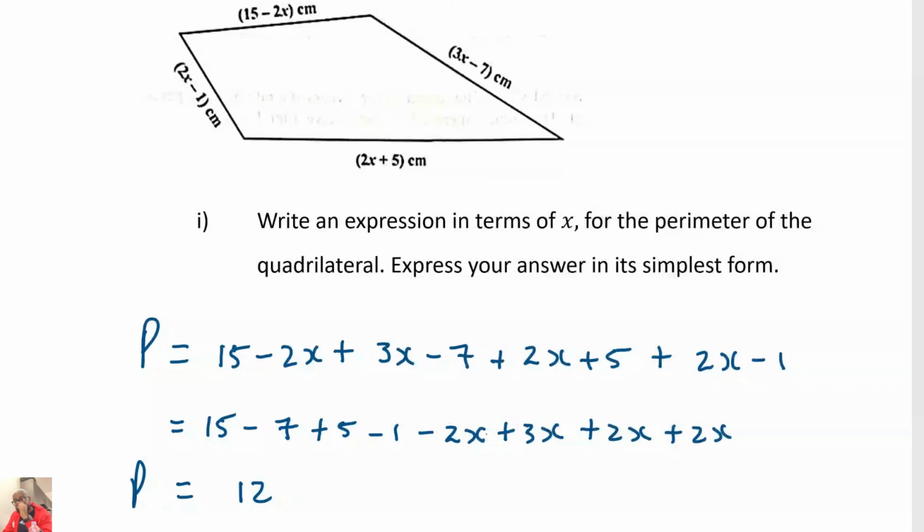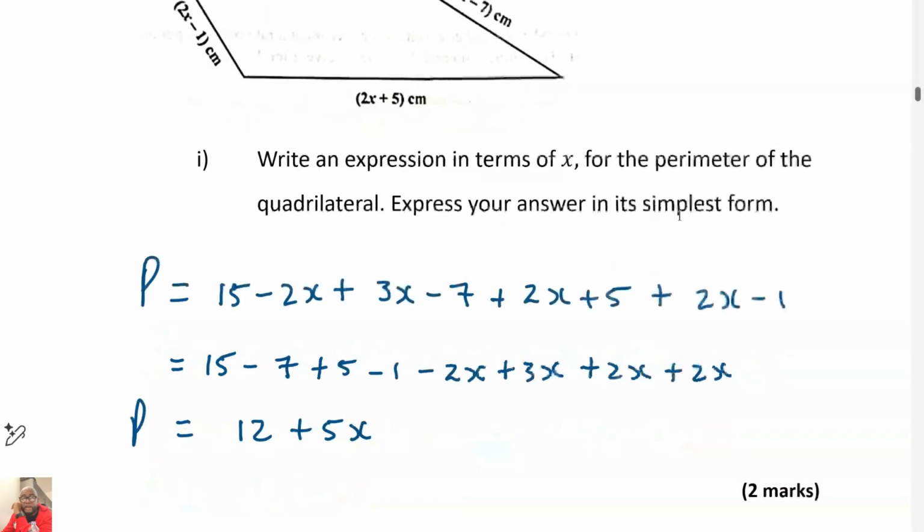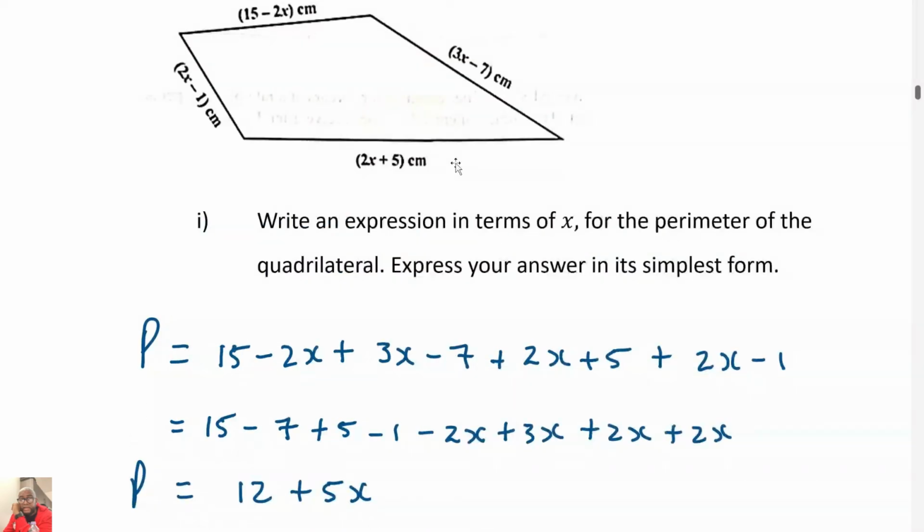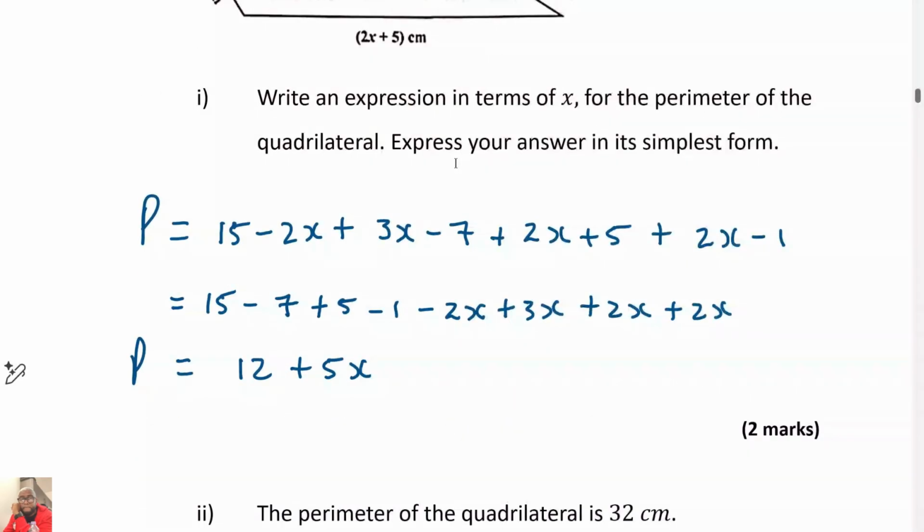Negative 2x plus 3x will give you 1x. 1x plus 2x is 3x. 3x plus 2x will give me 5x. This here is the perimeter of my quadrilateral in its simplest form.